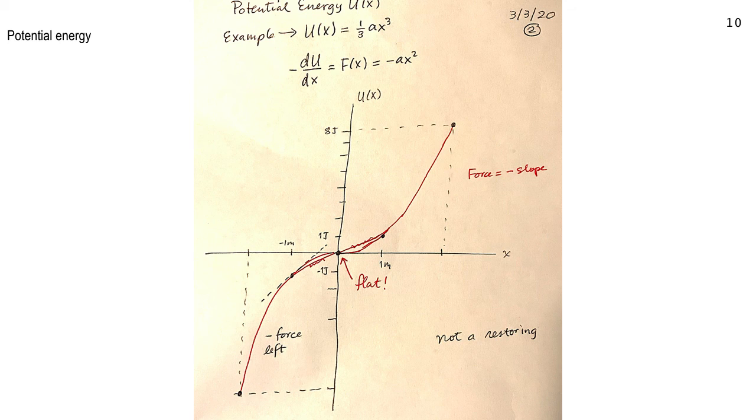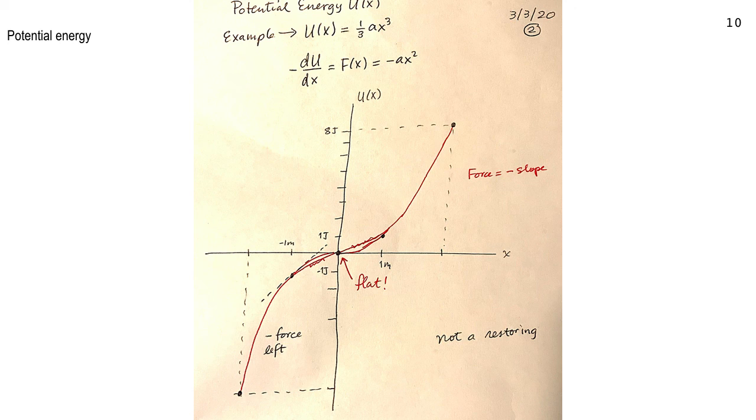So I don't know what kind of material or force provides that, but d by dx, the gradient with respect to x, and the opposite of the gradient is equal to the force as a function of x, and that's equal to minus ax squared. Okay, so that's the x component of the force, and assuming we don't have any other forces on balance, that's going to get you the acceleration.